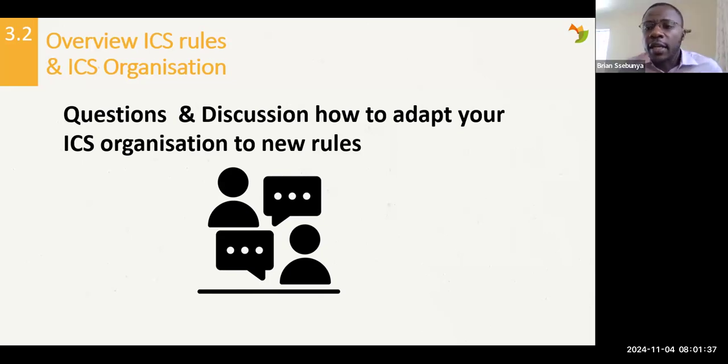But it doesn't diminish. If you have a committee and it's doing a good job, let them also continue doing that. But the ICS manager should be part of that committee because this is a core responsibility according to the regulation. So they should join that committee to understand what kind of sanctions they're also giving.